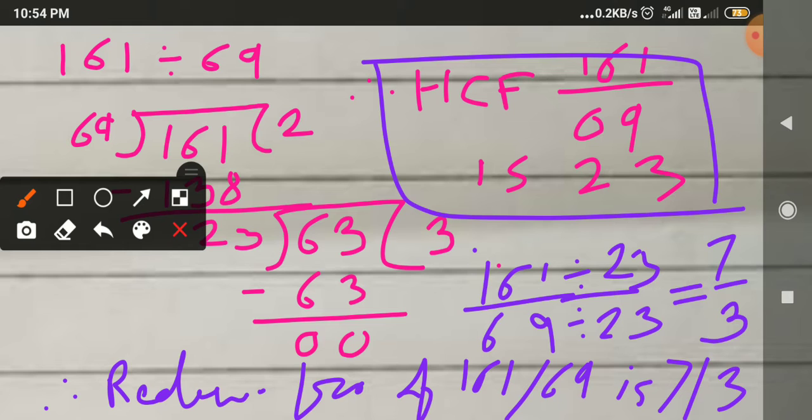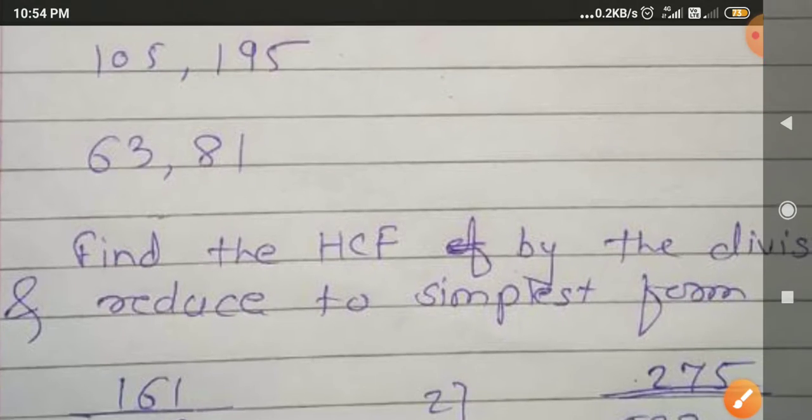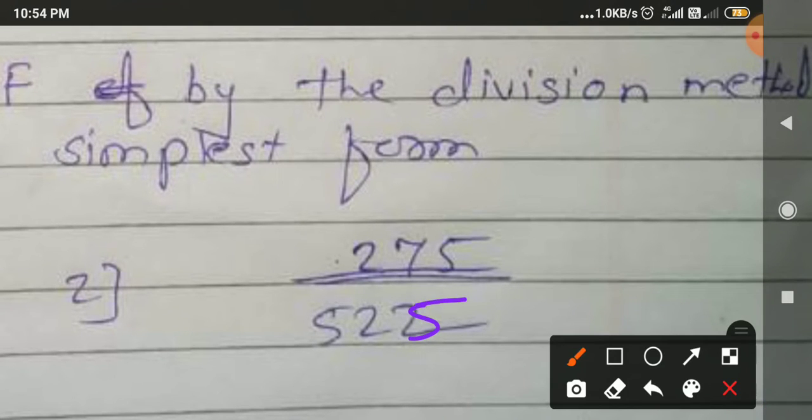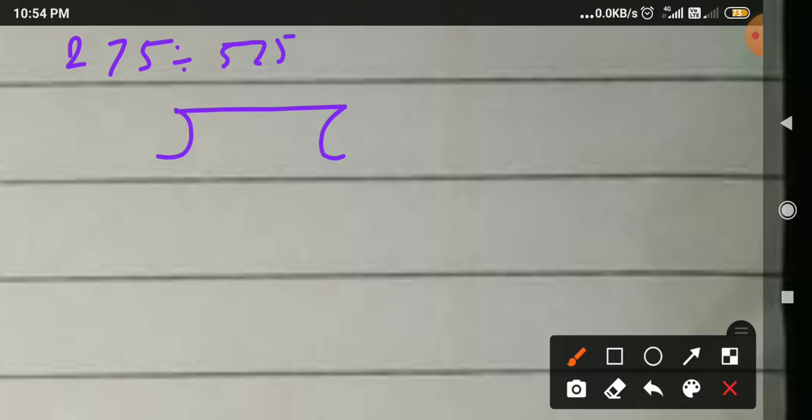Now we have to solve the second question, that is 275 divided by 525. So here I will take the example 275 divided by 525. The bigger number we have to write under the division sign, 525.